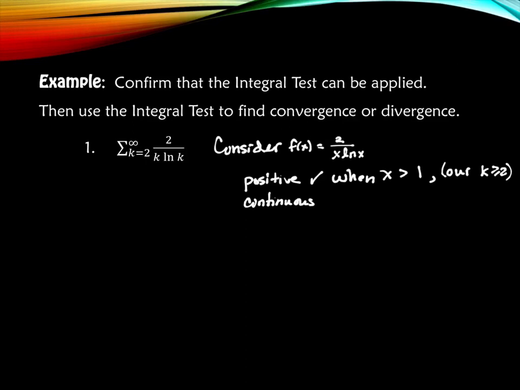Log is not defined for values that are negative. So as long as we're bigger than 0, we're good. And our k values are, in fact, bigger than 0. They start at 2. So this is continuous when x is greater than 0. And again, our k is bigger than 2, so that satisfies it. That works. And then the last one is decreasing.